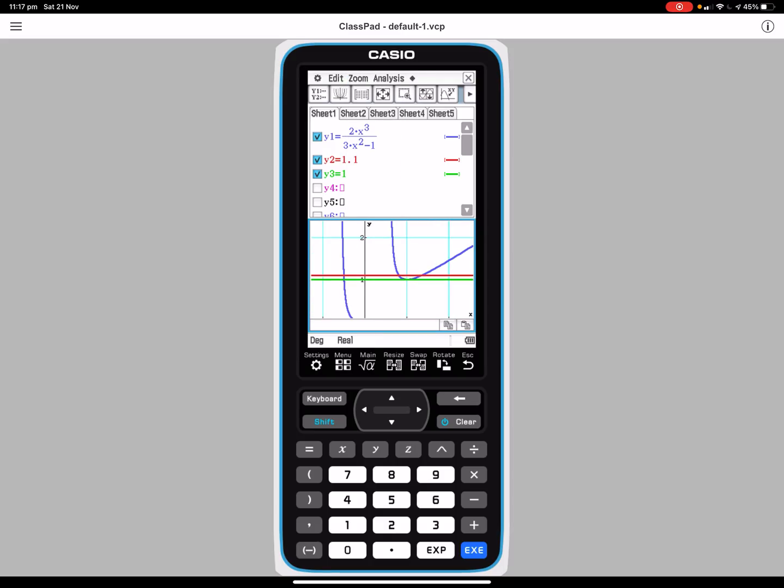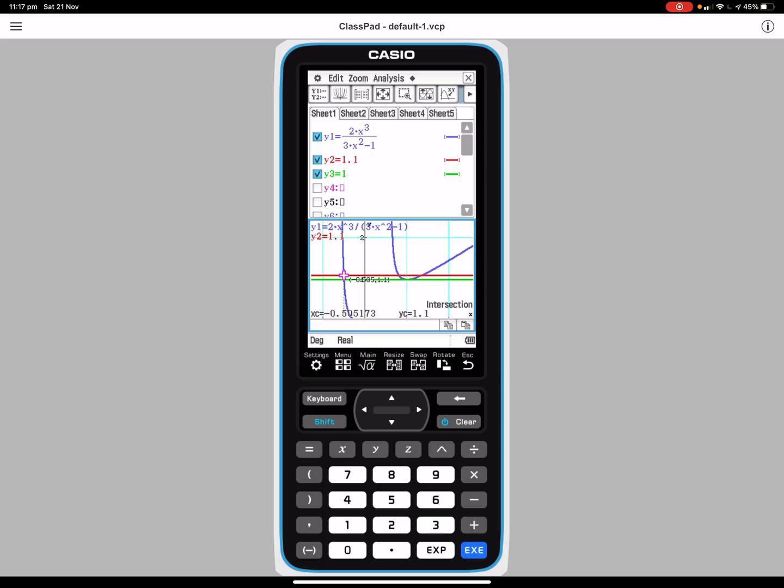So there's something dicey going on there. Because that's the range that we found, but what about this one here? Let's find the intersection of blue graph and red graph.